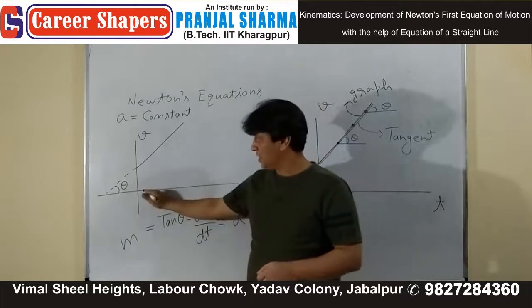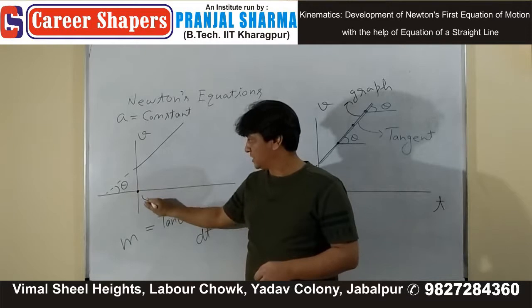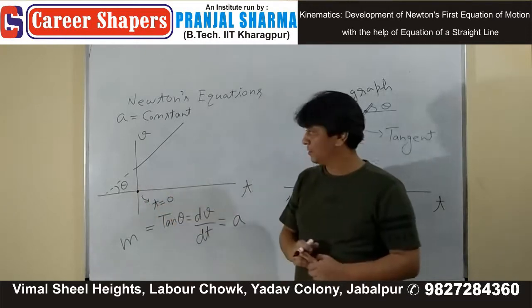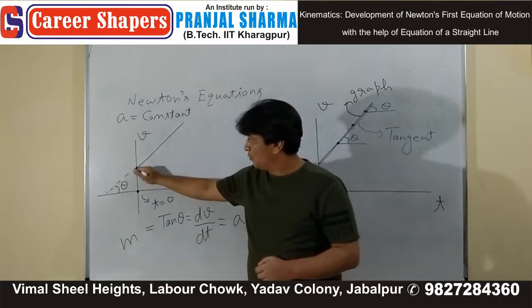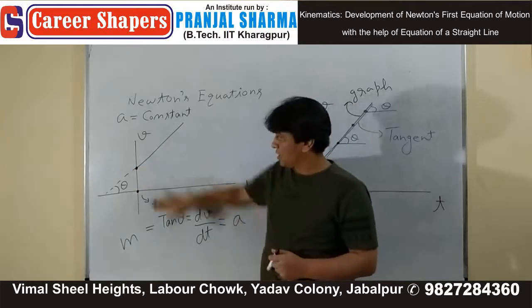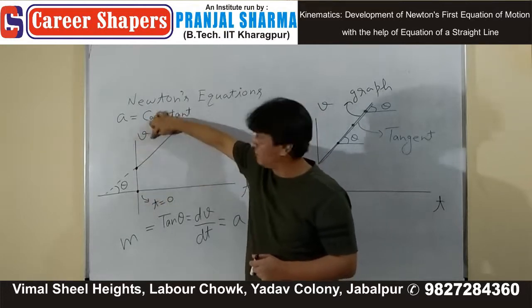Now, what is this time? You know that this time is t equals to 0. What is this value? Look here. This is the velocity axis. The vertical axis is giving you what?